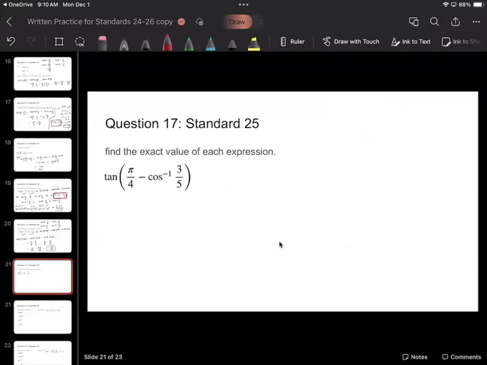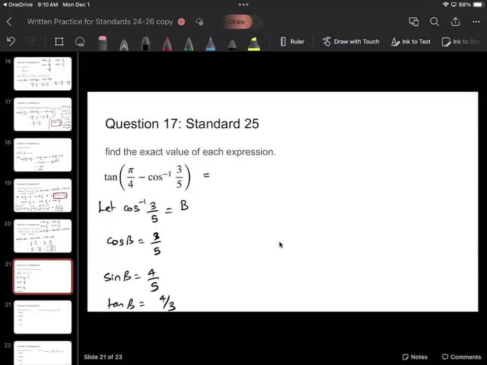Okay, same thing here. I'm going to say let the inner angle be equal to some angle B. That means cosine B is 3/5, which means sine B is 4/5 because 3, 4, 5 is an easy right triangle. And tan B is 4/3.